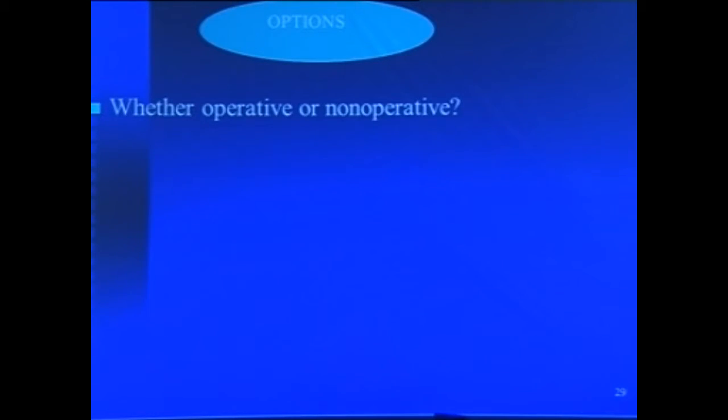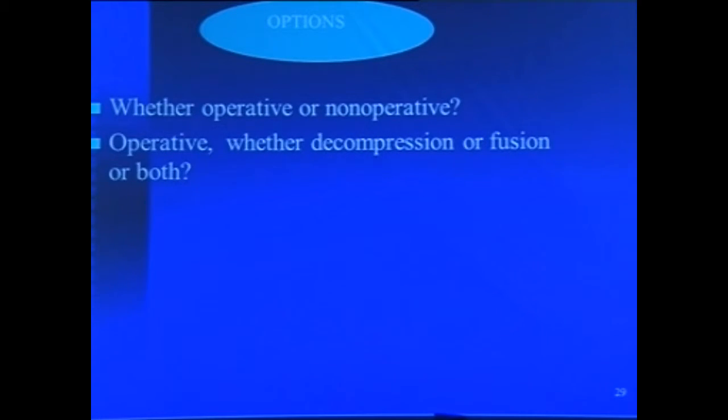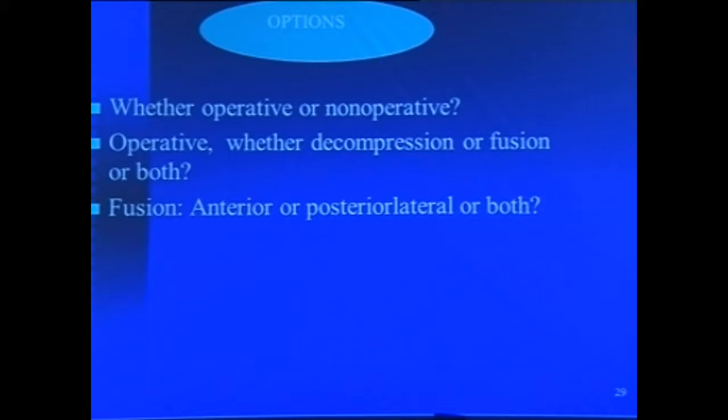The options with us are whether we should operate on this patient or not. The treatment could be non-operative or operative. If you are planning to operate, should we do decompression, fusion, or a combination of both? If we are doing fusion, should we do anterior, posterolateral, or both?